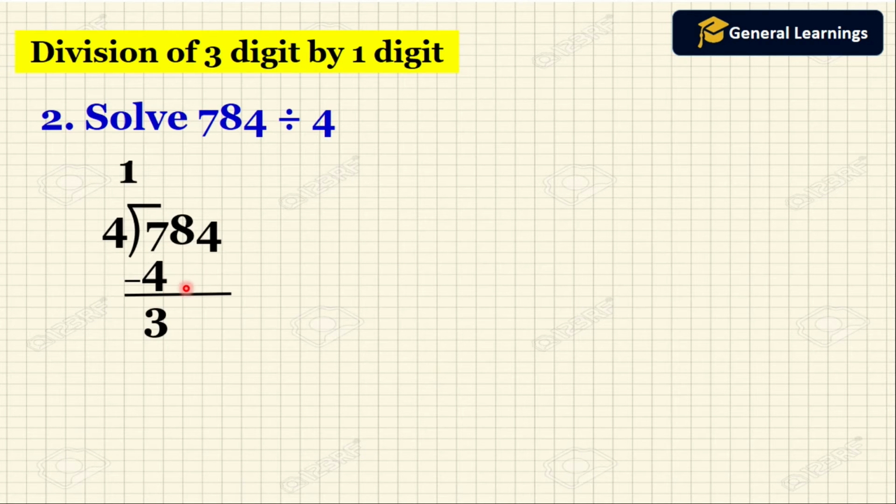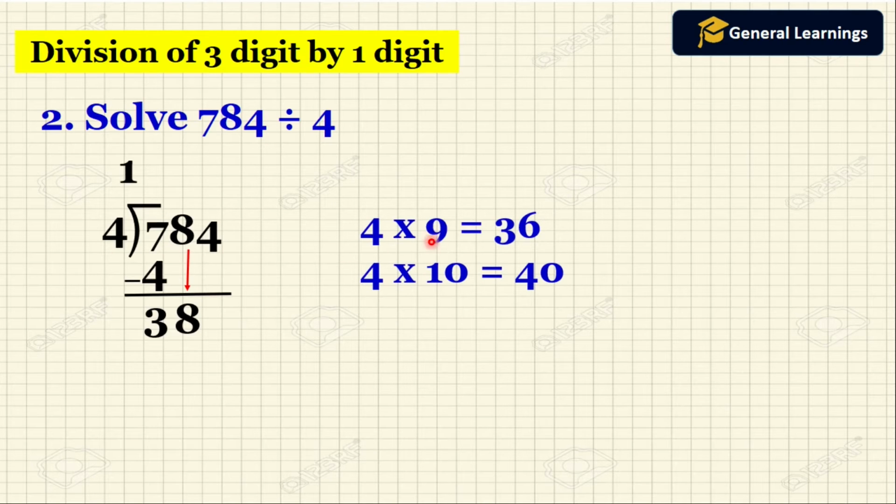Now bring the next number 8 down and write it next to 3. Now we need to divide 38 by 4. For that we need to check the table of 4. The table tells us 4 nines are 36 and 4 tens are 40. Again, 40 is greater than 38.